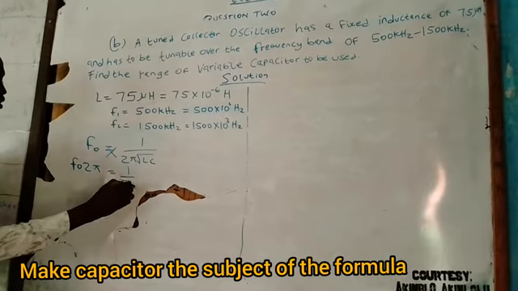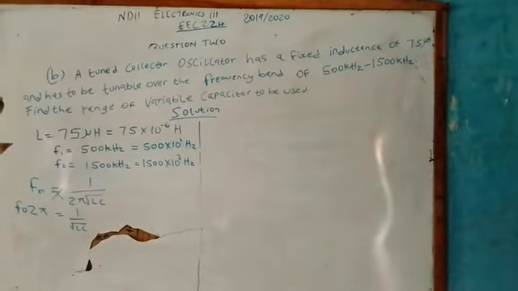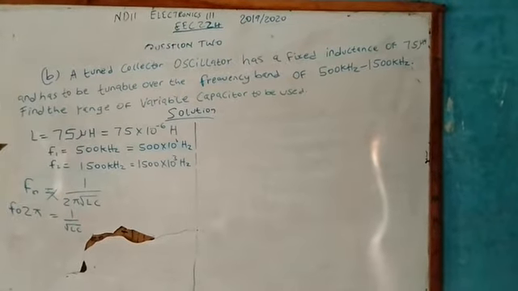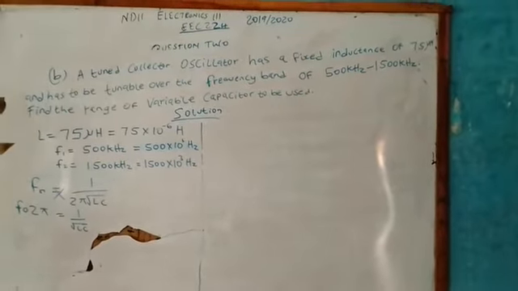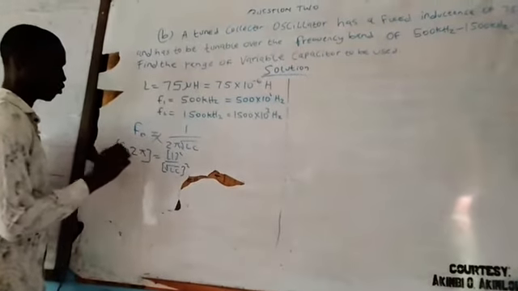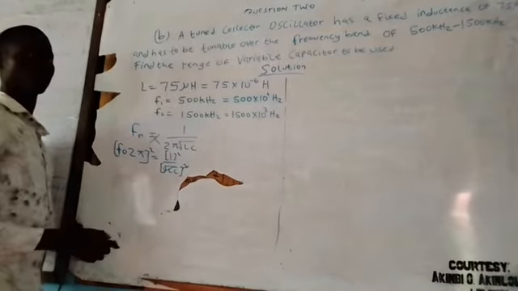The formula for frequency. What we're going to do now, we're going to make C the subject of the formula. So while doing that, 2 pi will go and multiply F naught. Now that is the frequency. So 2 pi multiply frequency, and after that, we have a root of what? LC. For us to be able to remove that root from the LC, we have to square both sides.